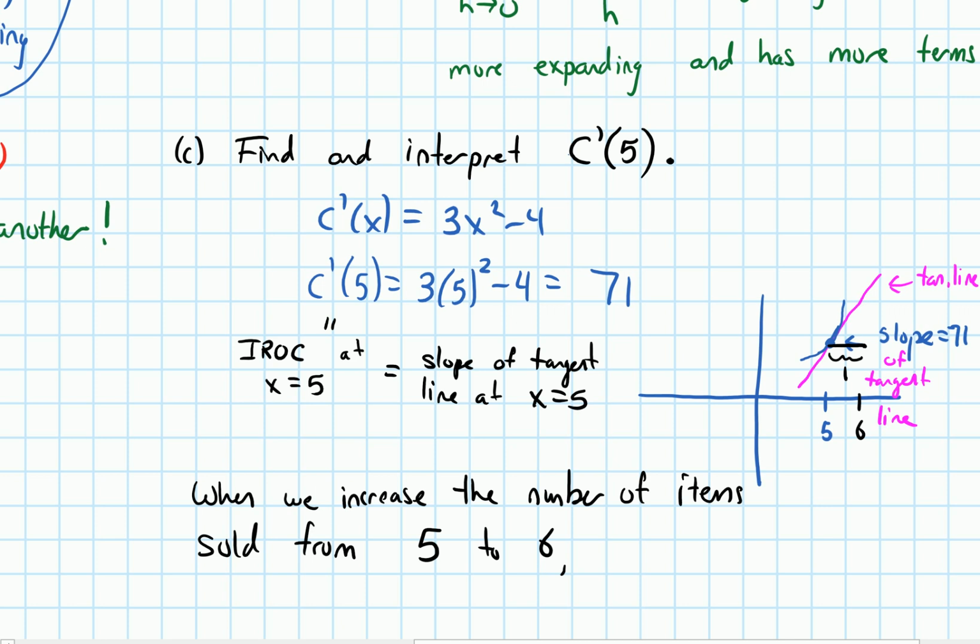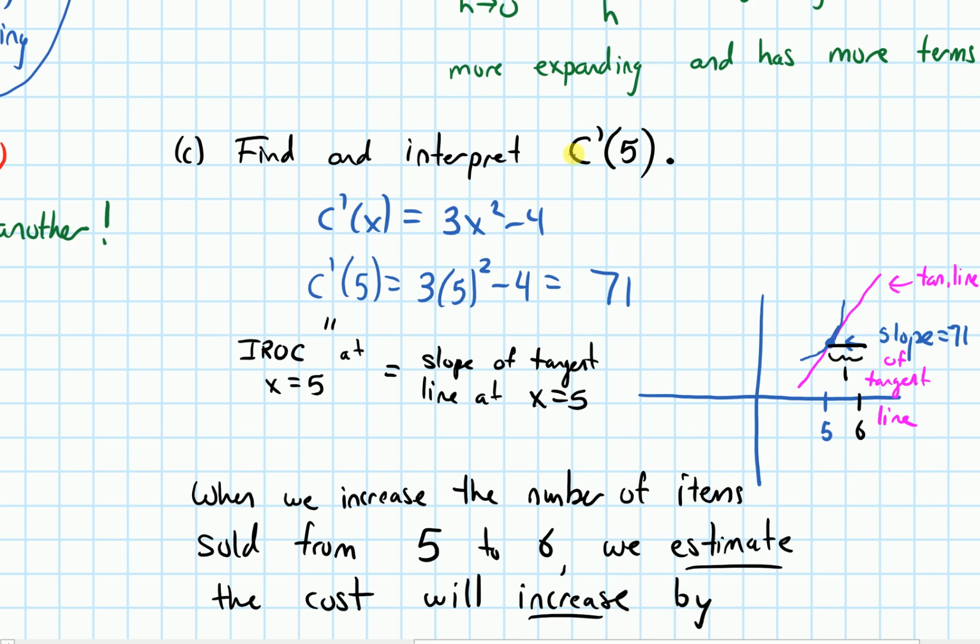So when we increase the number of items sold by 1, we estimate, because our tangent line gives us an estimate, the cost, because that was our function, it represented cost. Because my slope is positive, the cost will increase. What were the units of cost here? They were dollars. We estimate the cost will increase by $71. And that is our interpretation.